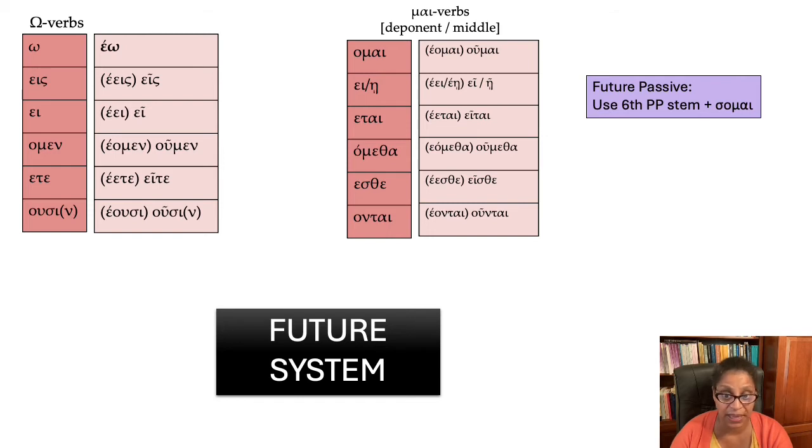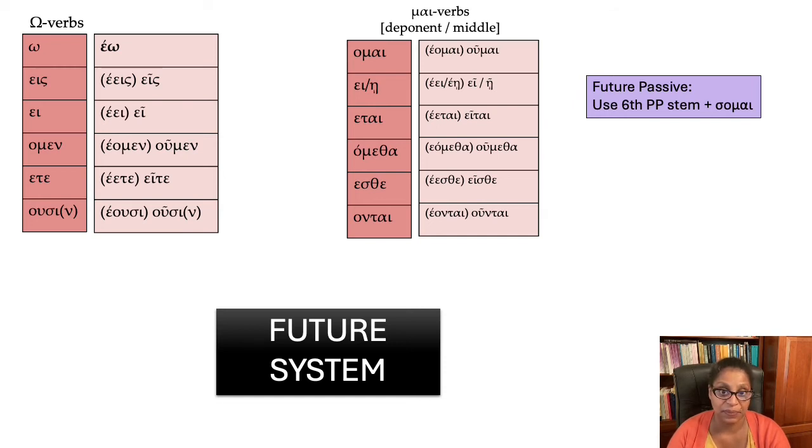So it's going to be omega or epsilon contracts. And similarly for the middle, you're going to have omai and the epsilon contract for the middle, omai. And there are no mi-verbs in the future, right? So there's no mi conjugation, because mi-verbs become omega verbs in the future.